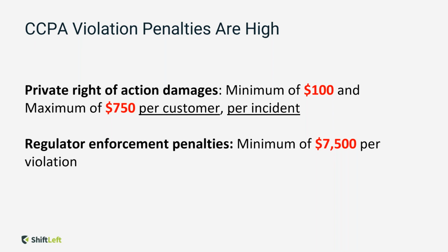Now, multiply that by the number of customers you have, those numbers could suddenly be huge. And that is from a customer perspective. Now, from a regulator aspect, there is yet another fee to it, and that's a minimum of $7,500 per violation. And notice there is no maximum ceiling mentioned there. Right? So the violation penalties are pretty high.